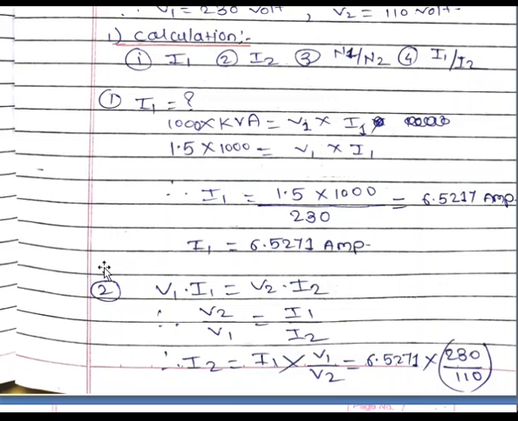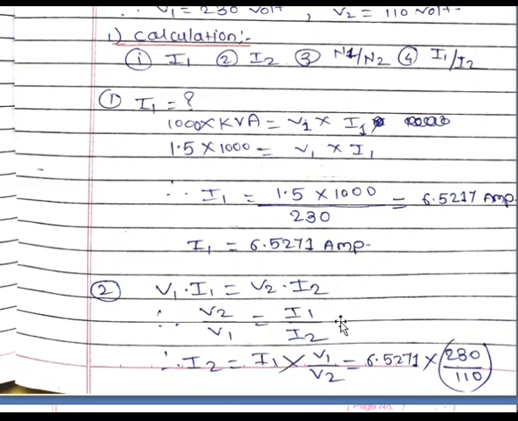Now we calculate the value of I2. For calculation of I2, we use the formula of kVA rating. Input kVA rating is equal to output kVA rating. In a transformer, always input kVA rating is equal to the output kVA rating. Therefore we use this formula. It is converted into transformation ratio: V2 by V1 is equal to I1 by I2.